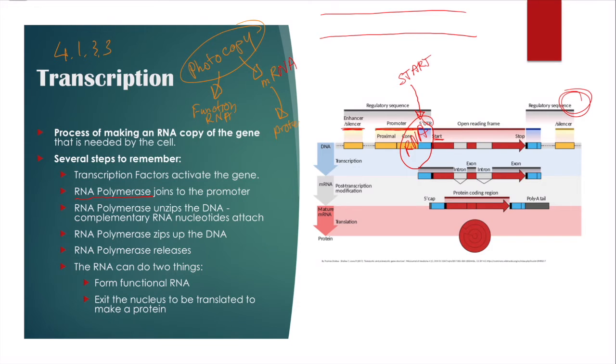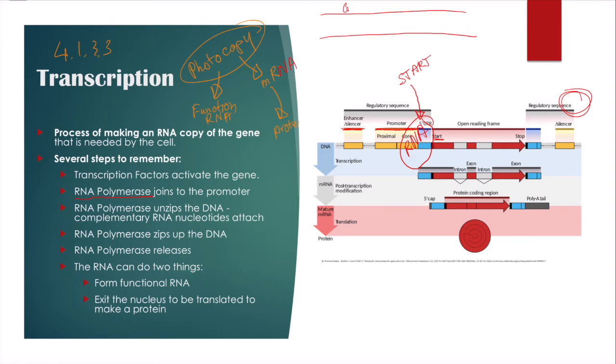The other one is just a mirror image and pretty much useless, other than being a mirror image of the gene. So it's really important that you understand that. I'm going to show you what I mean in just a minute, but first we'll just go through the bare bones here. So he unzips the DNA, then he actually joins on to the nonsense strand, the complementary strand, the one that doesn't have the gene on it. We'll find out why in a minute. He joins on to the opposite side of the gene.